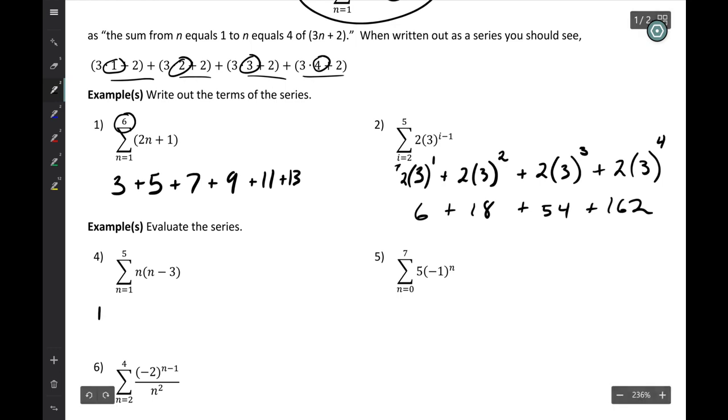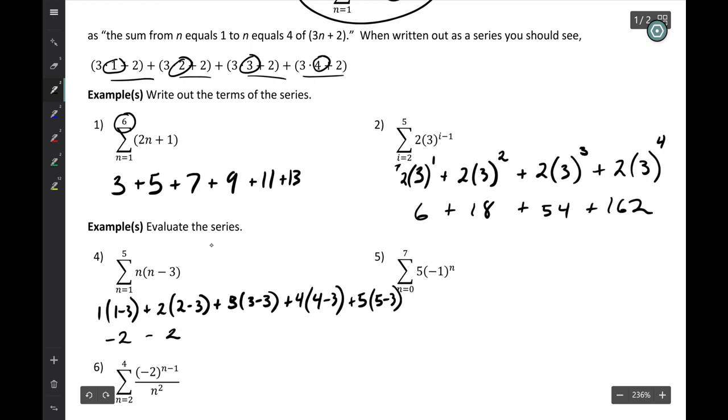So we got 1 times 1 minus 3, plus 2 times 2 minus 3, plus 3 times 3 minus 3, plus 4 times 4 minus 3, and then last but not least is plus 5 times 5 minus 3. And each of these terms becomes negative 2, plus 0, plus 4, and plus 10. So I got 14 minus 4, this is just 10.